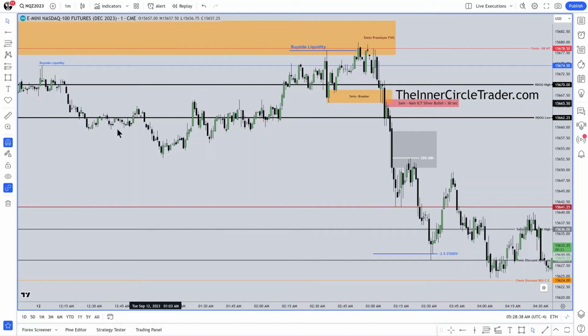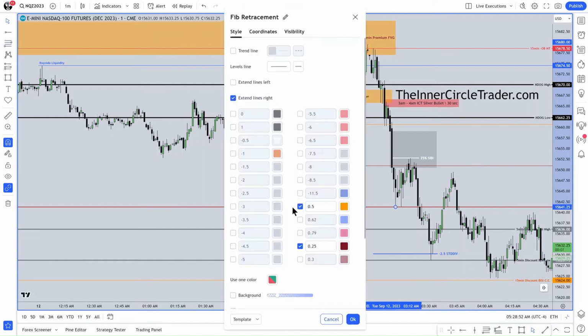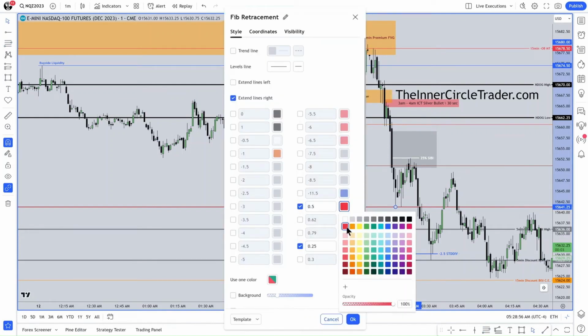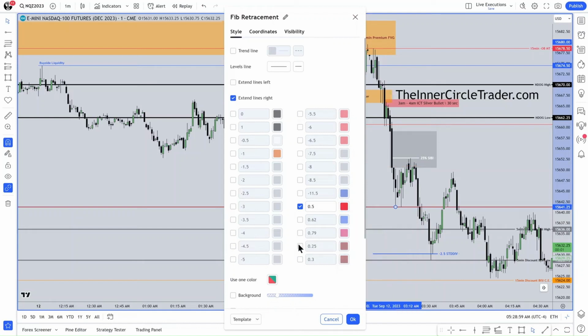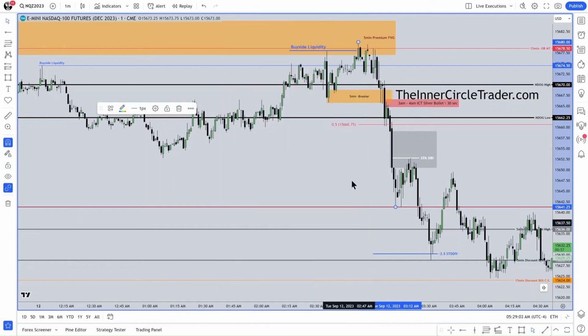If we take the fib, and for the folks that have been with me for a while, you already know this, my students. Okay, here's the halfway point or equilibrium between that premium to discount range.